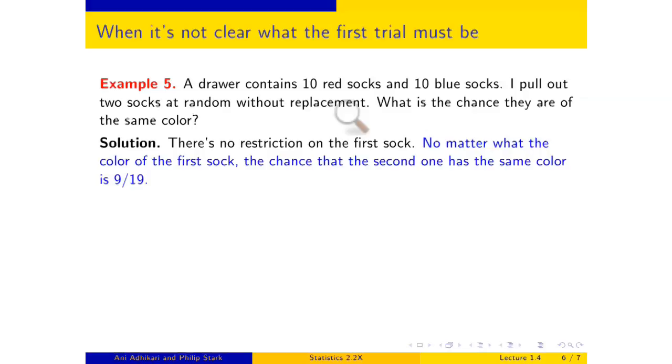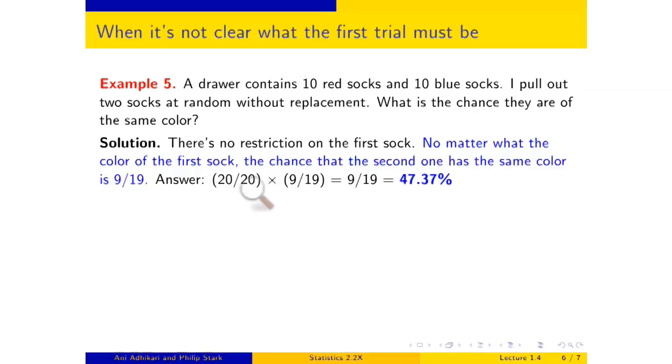And that is quite helpful because that allows me to say the first sock can be anything. I have 20 socks, I'll accept all 20 of them. So that first fraction is 20 out of 20, it's just 100%. No matter what I've got the first time, the second time I have 19 socks, of which 9 are of this color.